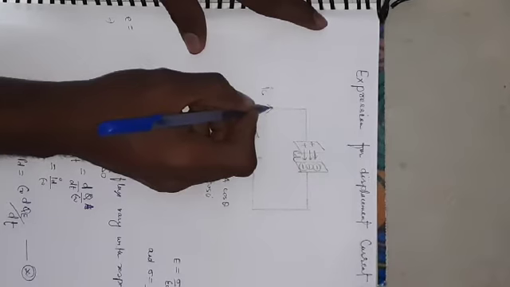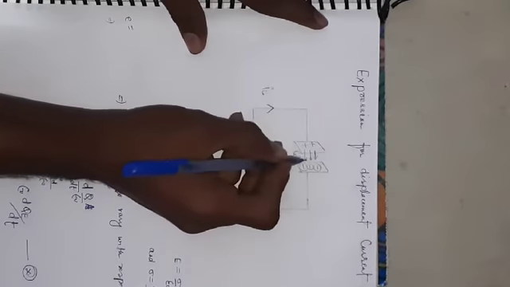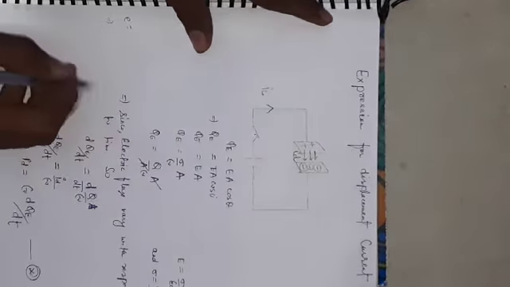It is a wire, here IC is flowing. Between the plates of the capacitor, displacement current is flowing.